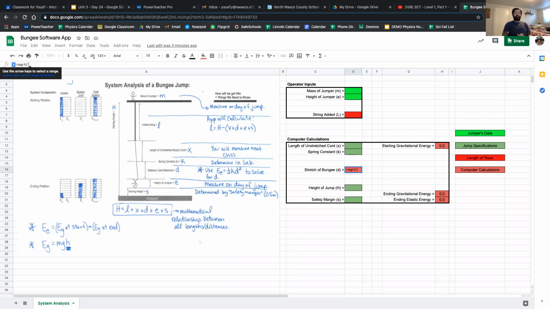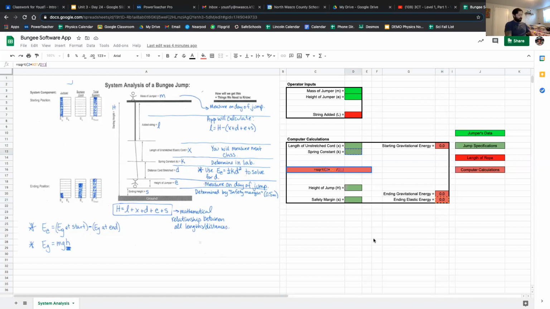And inside that square root, we're going to put the rest of that stuff in there, which was the 2 times whatever your elastic potential energy is. So this cell divided by your spring constant.